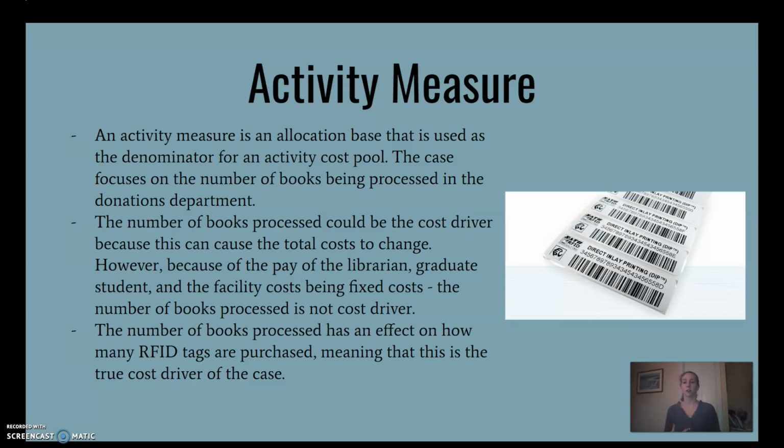However, because the salary of the librarian, the stipend for the graduate student, and the facility costs are fixed costs, the number of books processed is not the cost driver. So we look at the cost driver as being how many RFID tags in total are purchased to match the number of books being processed.